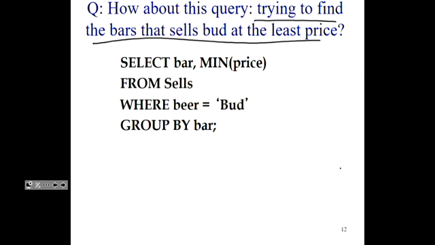So let's say I have come up with this query, which is select bar, min price from sells where beer is equal to Bud, group by bar. Can you tell me why this does not make sense for the query? The query is trying to find the bars that sell Bud at the least price. So why does this query not make sense?